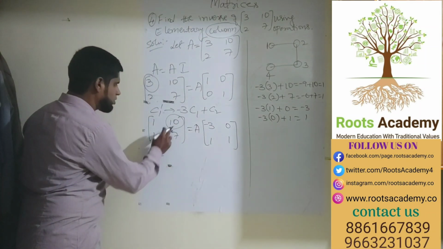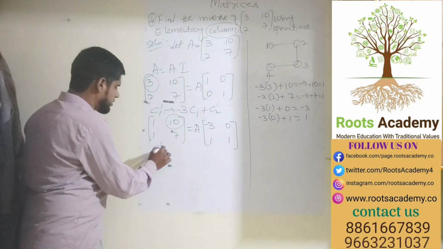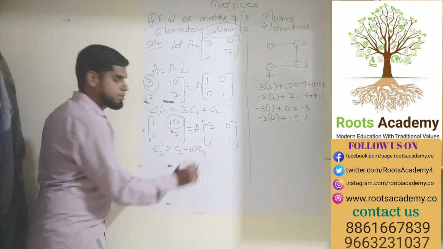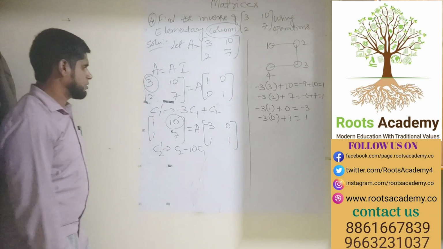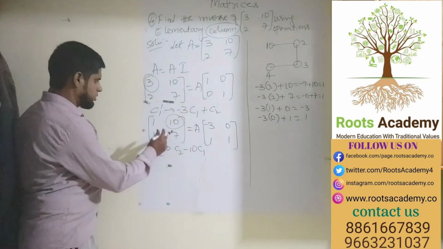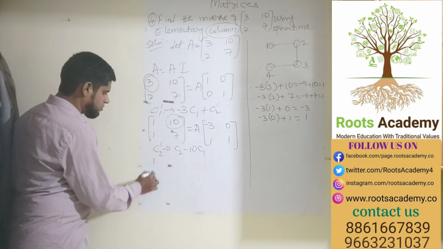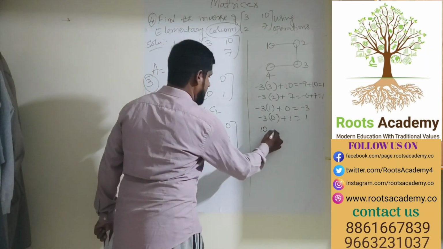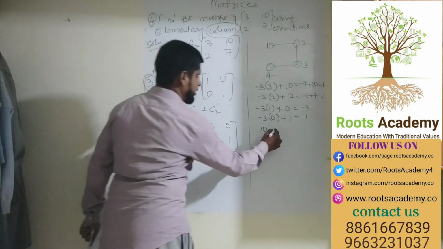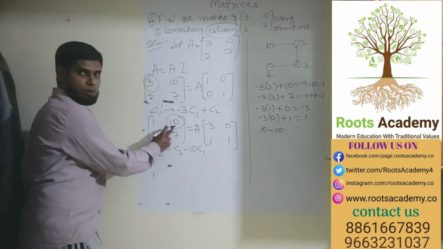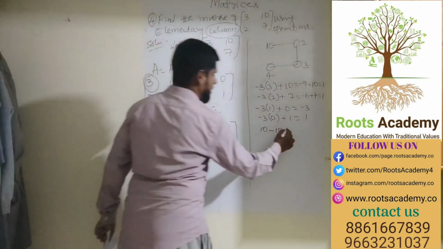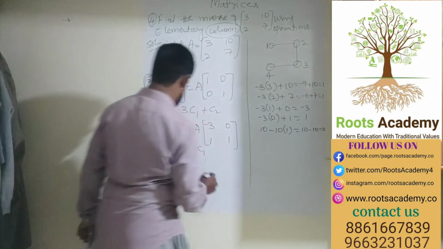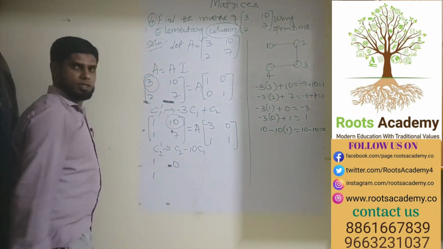So C2, this is in second column, dash changes to C2 minus 10 C1. So first column as it is 191. C2. C2 is what? 10 minus 10 C1 corresponding to this is 1. So student, 10 minus 10, it is 0. Okay, here it is 0.